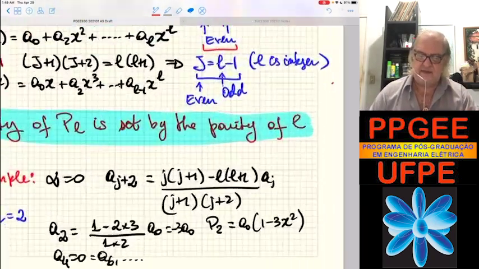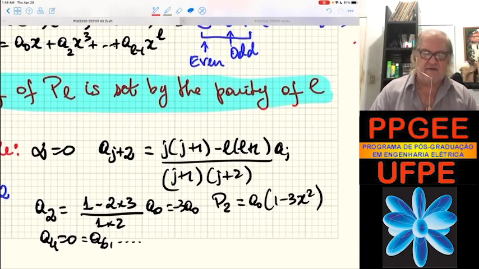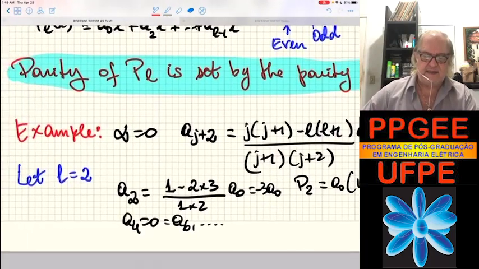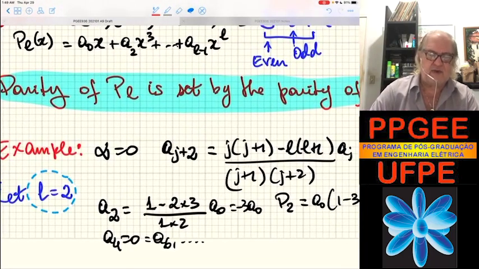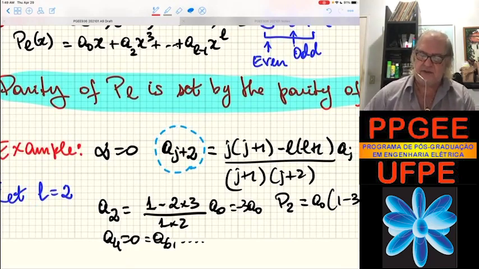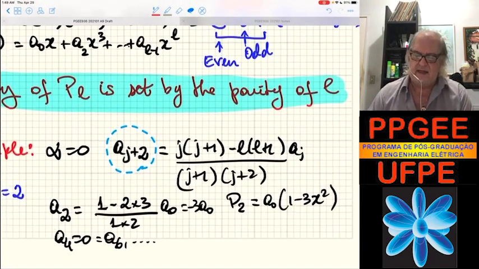This is just a quick example. Let's say alpha equals 0. Let's make L equals 2 and truncate at J equals 2, so we're going to go up to a2.